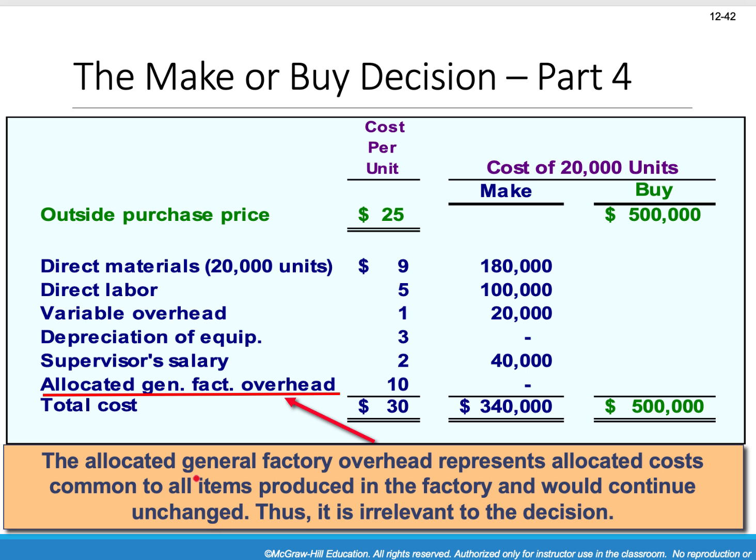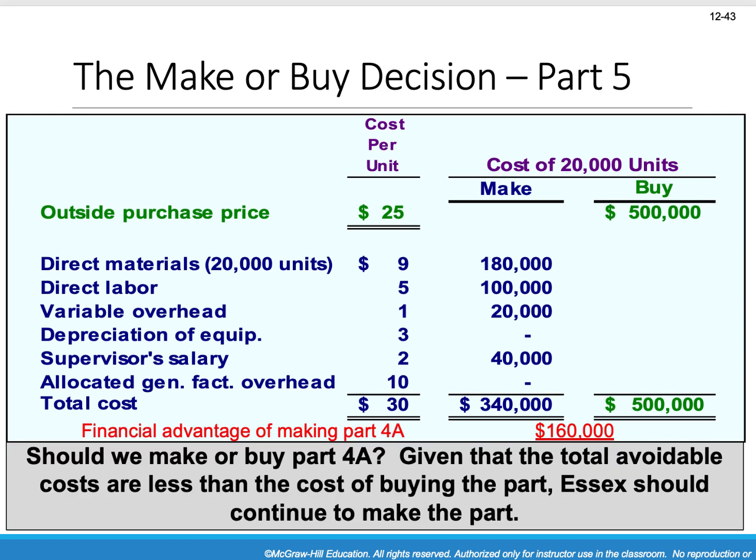Okay, it's common to all items that are produced in the factory, so it's unchanged. Because it's unchanged, it's irrelevant. So we can see here that the difference between the $500,000 and $340,000 is $160,000. There's a financial advantage for us to continue to make Part 4A.